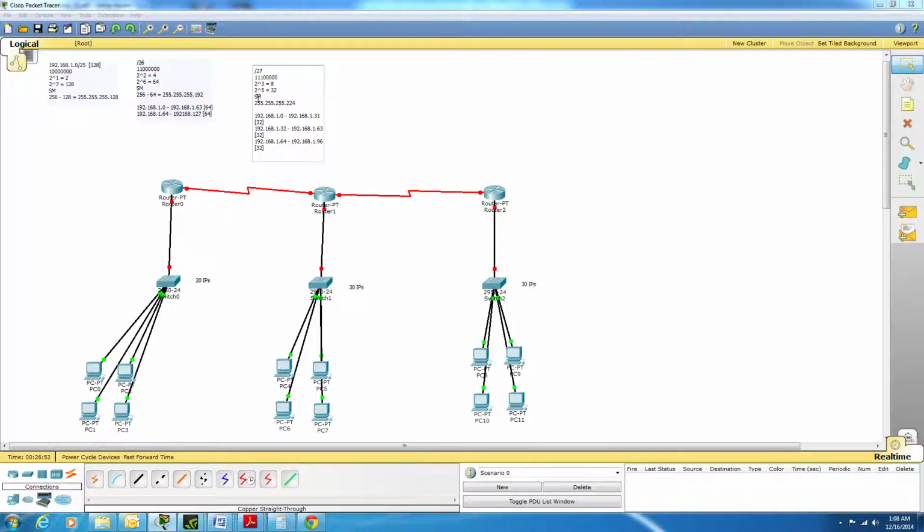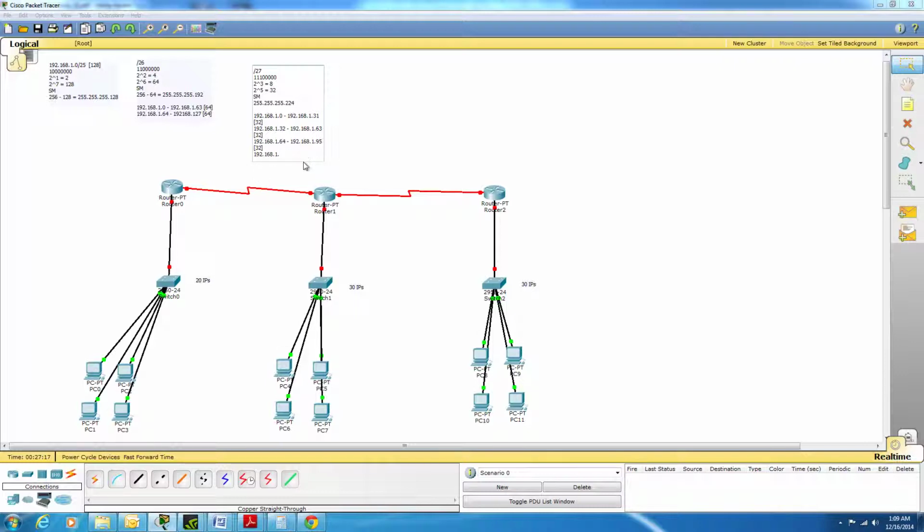And then finally, 64 plus 31 will give you 95, sorry.